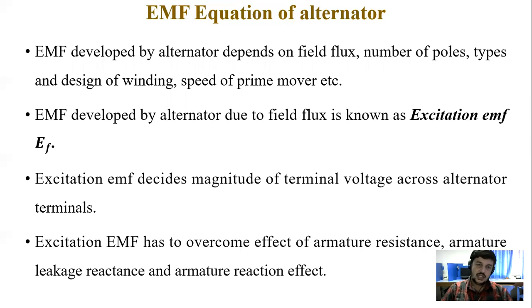That means the excitation EMF induced inside the armature has to overcome the effect of armature resistance Ra, armature leakage reactance Xal, and armature reaction effect. Due to these three effects, some amount of EMF gets dropped in the armature winding, and the remaining voltage appears across the terminals of the alternator. Therefore, excitation EMF generally decides the magnitude of the terminal voltage.